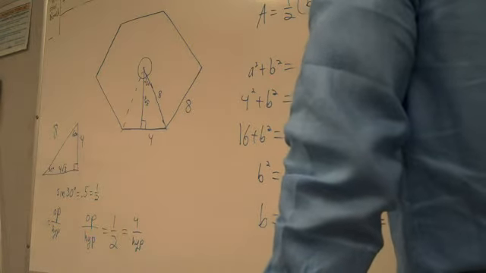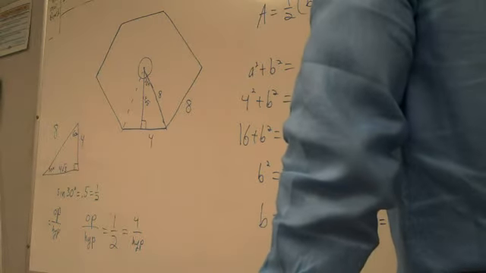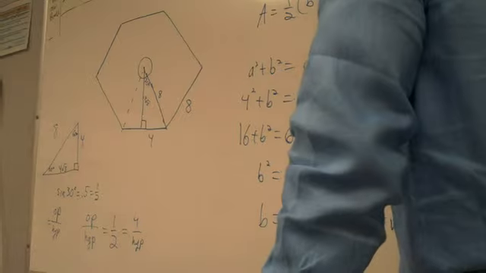The area of this regular hexagon is going to equal 12 times the area, because there are 12 of these little triangles in here. So it's 12 times the area of a triangle that's one half a base of 4 times a height of 4 square root of 3.